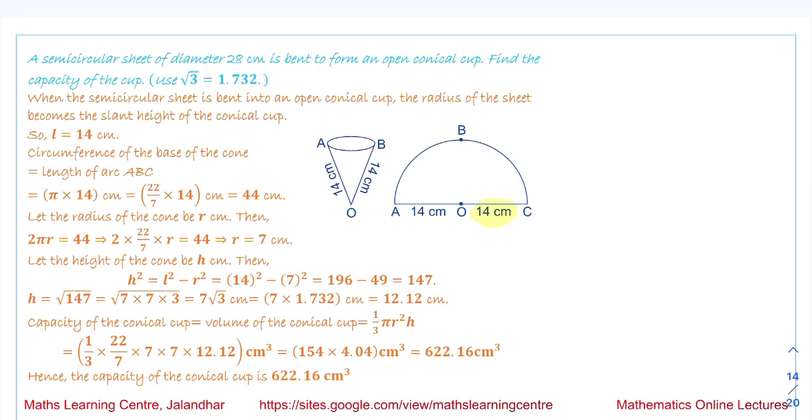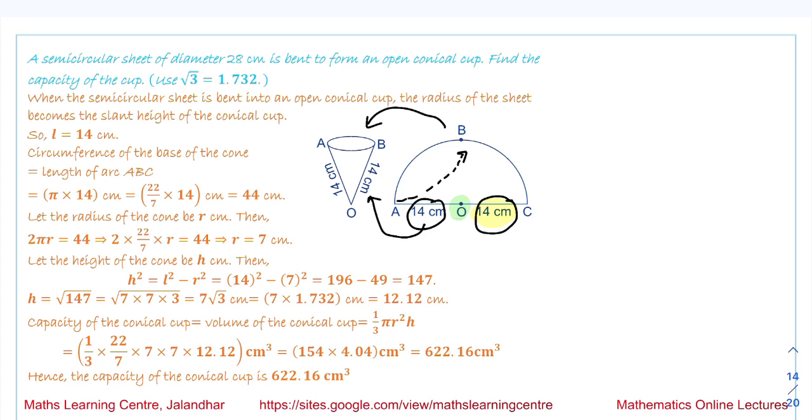What we have done here is fix this point O, rotate these points, and convert this figure to a conical cup. So this 14 centimeter will become the slant height over here.